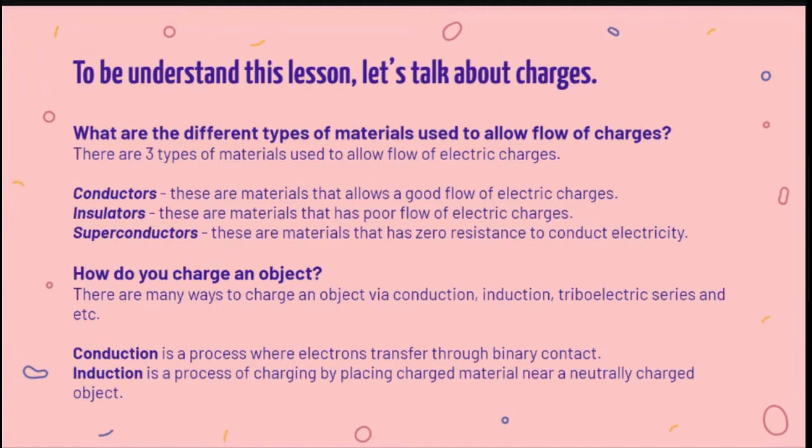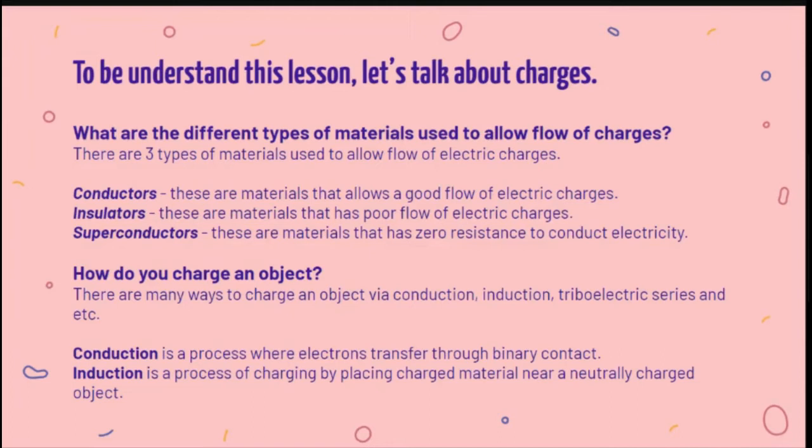Semiconductors are a mixture of a conductor and an insulator that goes between two abilities. It has the ability to conduct electricity, and it also has the ability to insulate electricity. On the other hand, superconductors are materials that have zero resistance to conducting electricity. Superconductors are the new trend in material sciences, in material physics.